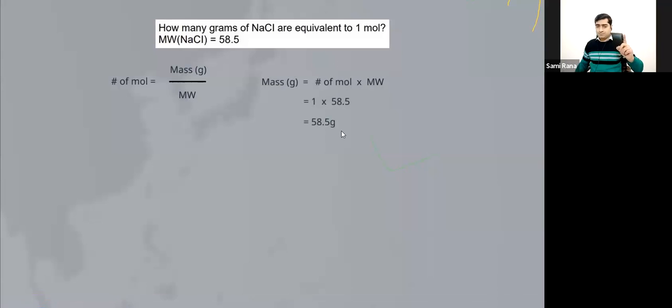If we need to convert moles into mass or mass into mole, we will use this formula. Another thing, please focus that the answer is also 58.5 gram, which is the same as the molecular weight. So this is the concept.